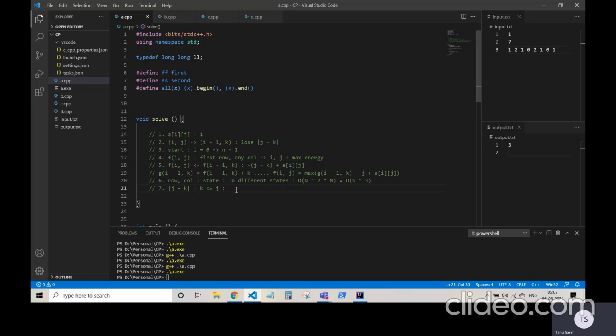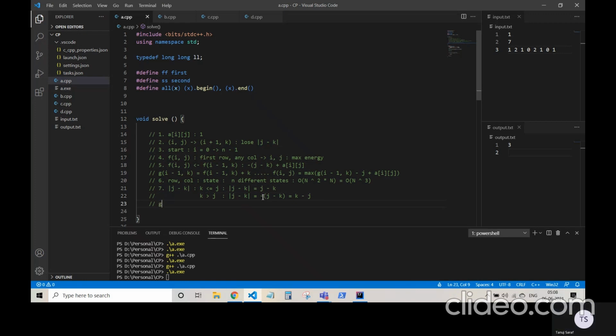And the modulus of a positive value would still be positive, so we can say that mod of j minus k would be equal to j minus k itself. And in the case that k is greater than j, this j minus k quantity is negative, so we have to return the absolute value of that. So that would be minus of j minus k, and this is nothing but k minus j, right?